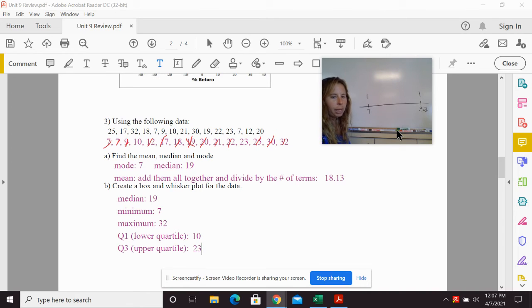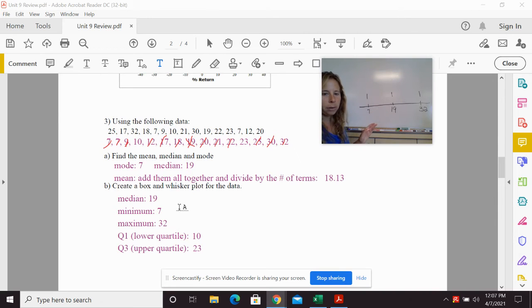And then my median was 19. Put that right here, 19. That's our median. Okay? Don't stop here.